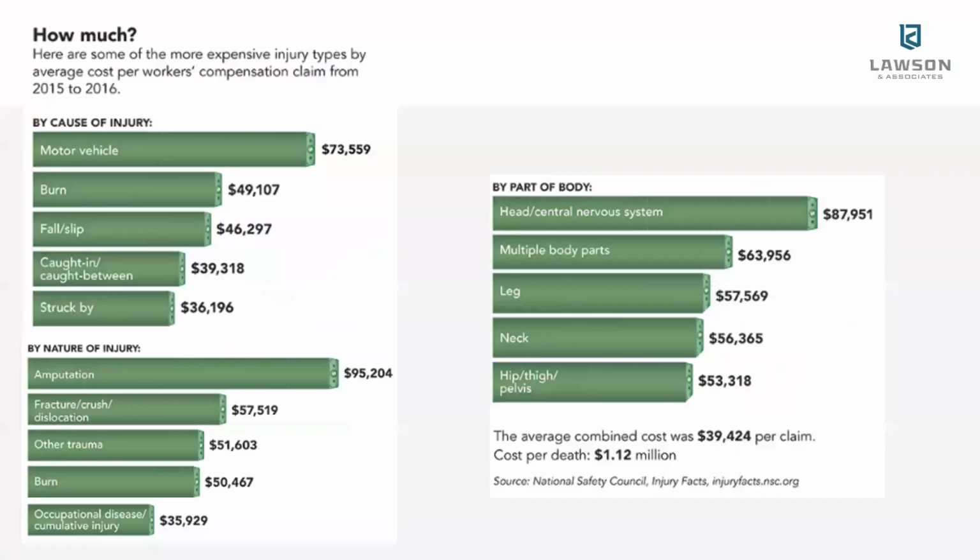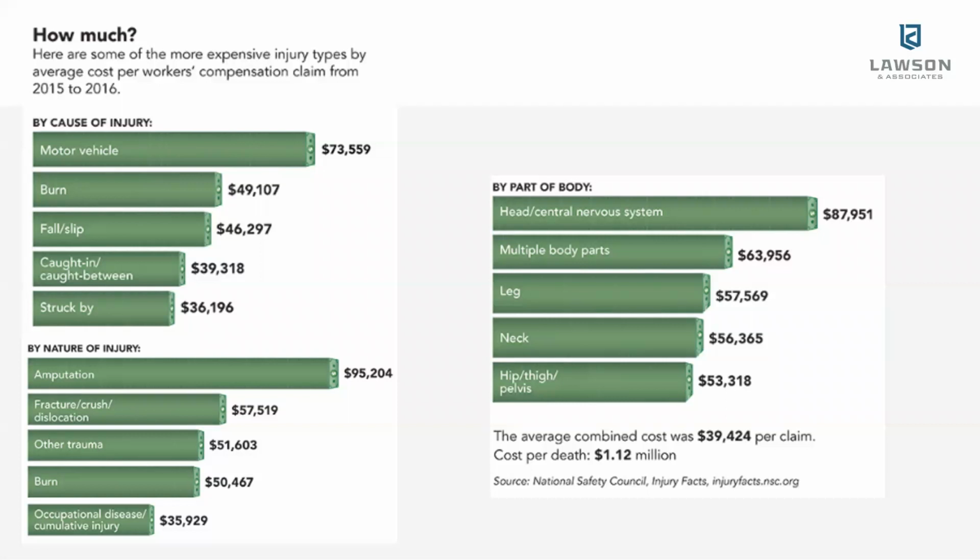Okay. So this is a chart of some of the more expensive injury types, again, by the average cost per workers' compensation claim. And you can see, obviously, motor vehicle, until recently, we spend the majority of our time in our vehicles traveling to and from. So that's no surprise that is the highest cause of injuries.